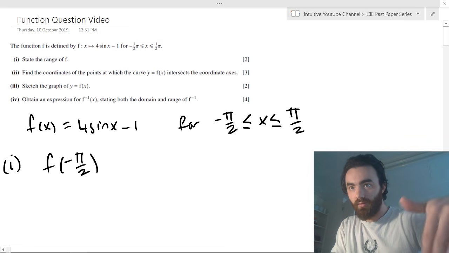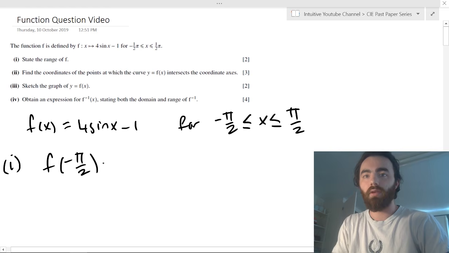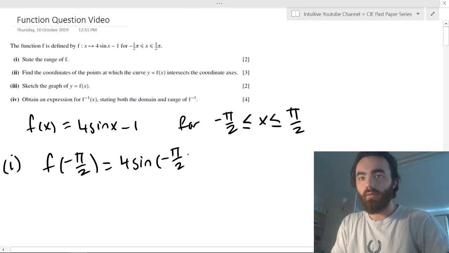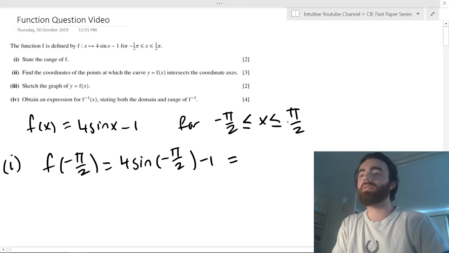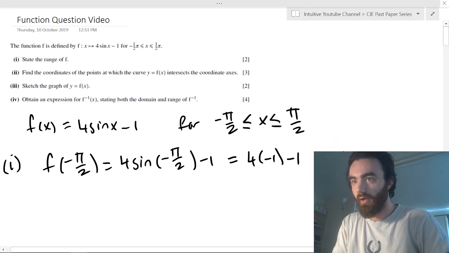We plug in the lowest point, which is going to give us 4 sine of minus pi over 2 minus 1, and sine of minus pi over 2, well, that's just going to be minus 1, so you're going to get 4 times minus 1, which is minus 5.